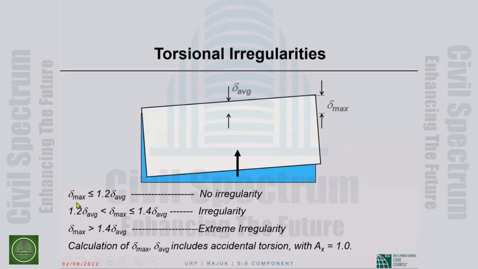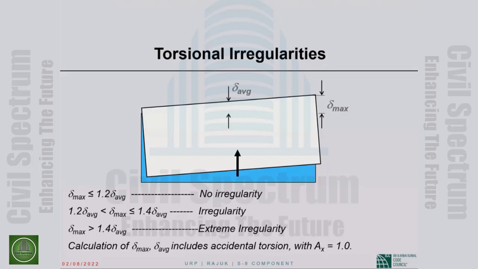If the maximum is less than or equal to 120% of the average, we don't have any torsional irregularity. It is considered a regular structure. If the maximum is between 120 and 140% of the average displacement, then we have torsional irregularity type 1A.